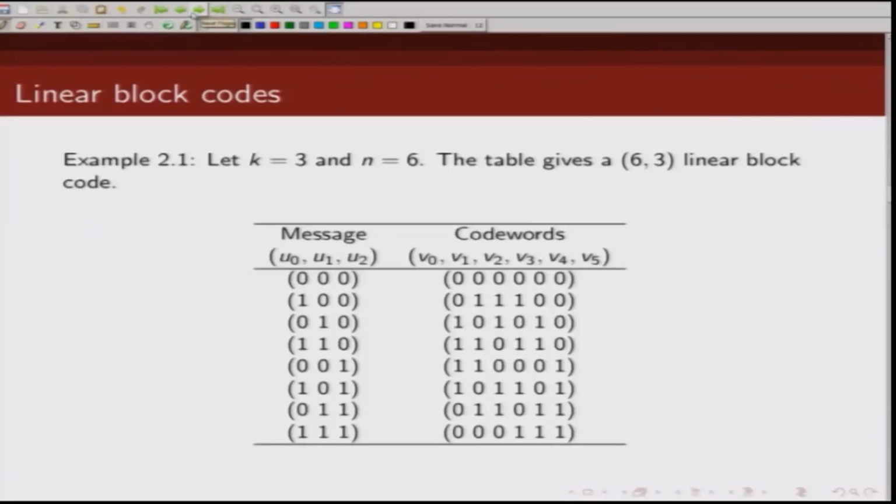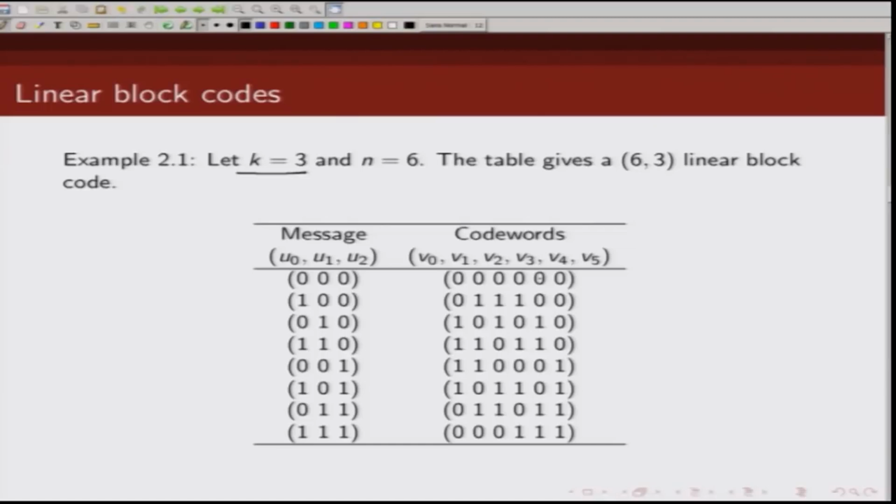Now, let us take an example to illustrate what is a generator matrix. In this example, we have considered 3 information bits and 6 coded bits, and in this table I have given you the set of 8 information sequences and their corresponding code words.